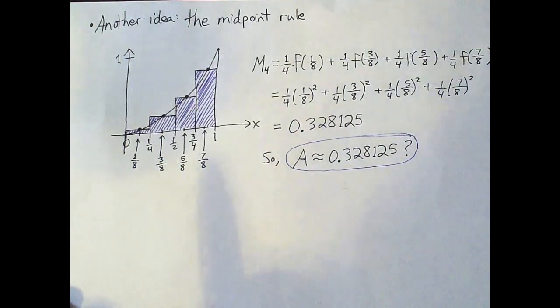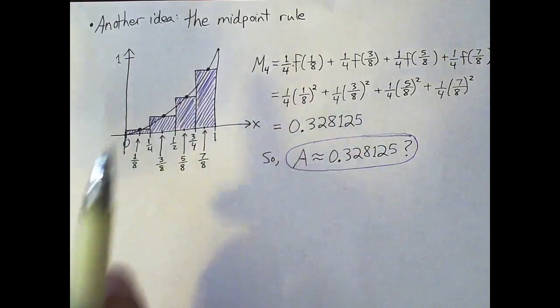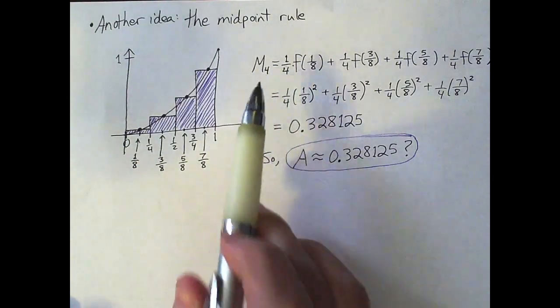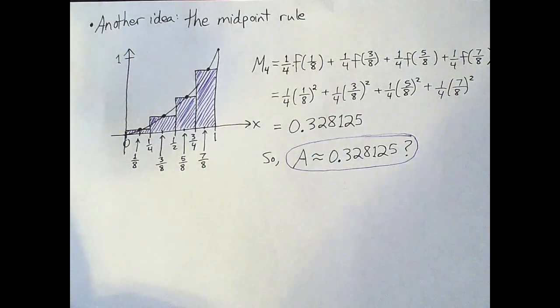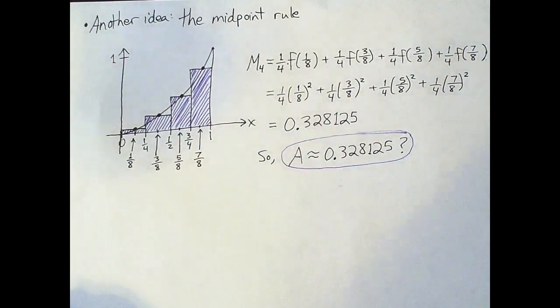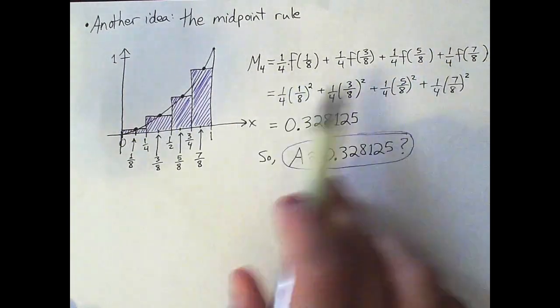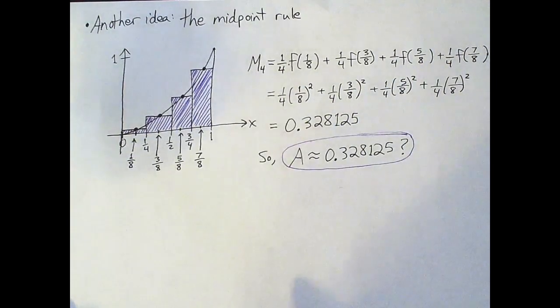It's still just going to be an estimate, but more rectangles is going to be a better estimate. The reason why we've used 4 is because 4 is pretty easy to work with. It's pretty easy to illustrate. And in this class, you'll probably be asked to work with maybe 4 rectangles or 6 rectangles, somewhere in that neighborhood. Maybe you would get asked to do 8 rectangles at some point. But the more there are, the more things we have to add up, so it becomes more work for us.